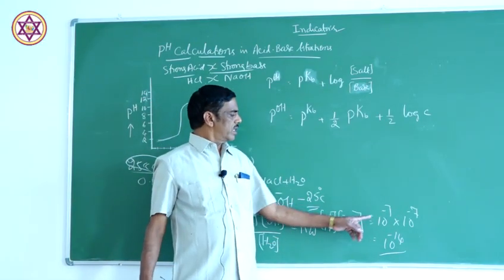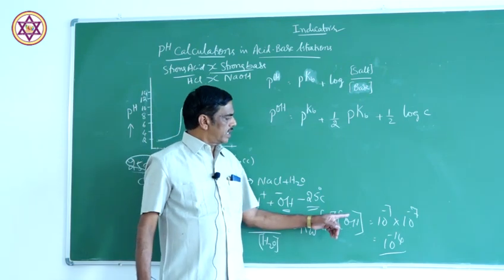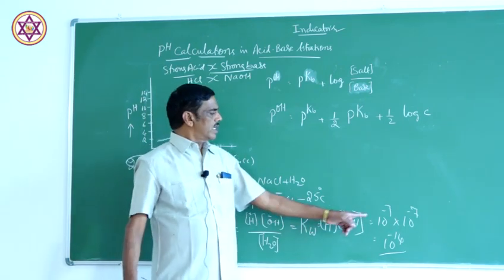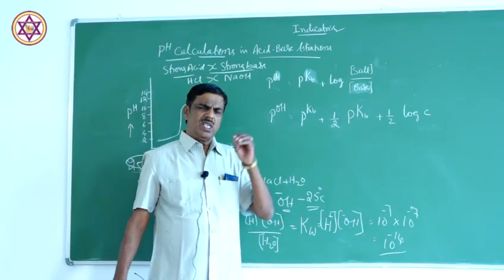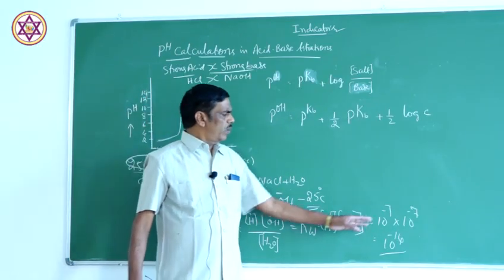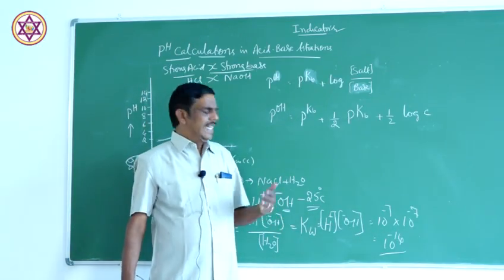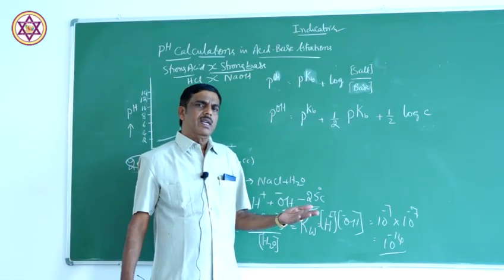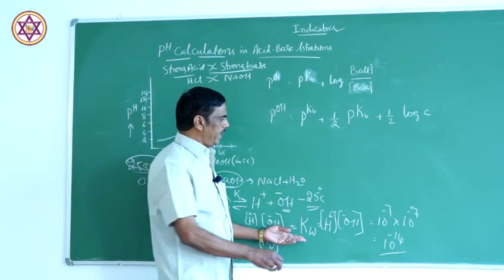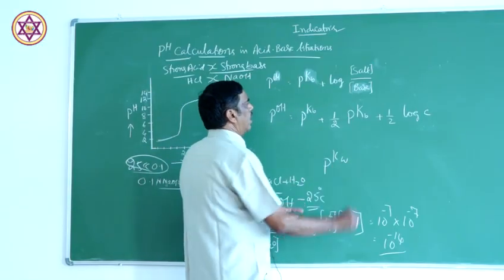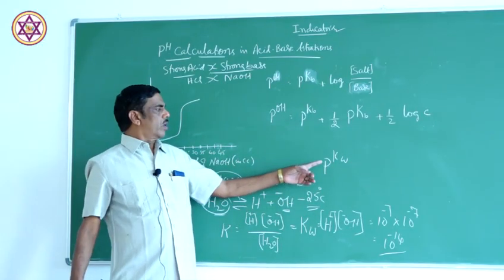Therefore, what is the concentration of H plus ion and what is the concentration of OH minus ion? We know that concentration of H plus ion is 10 to the power of minus 7. 10 to the power of minus 7 is a very small quantity. Therefore, to express that in terms of integers, we take the negative logarithm of this. So, negative logarithm of Kw is called pKw, the negative logarithm of the ionic product of water.